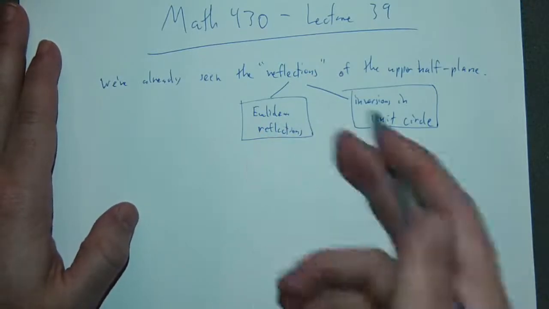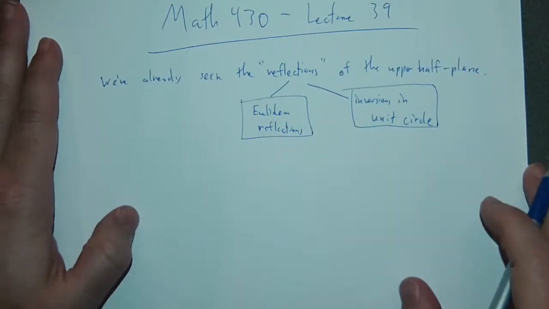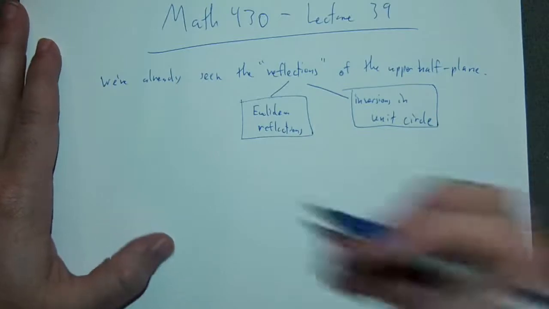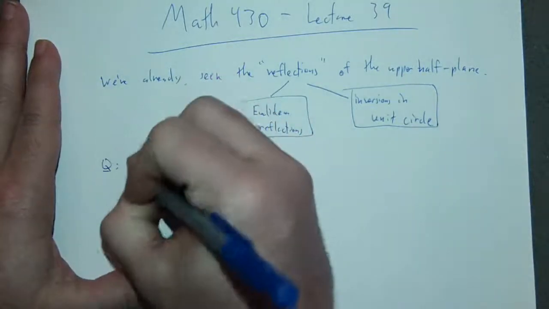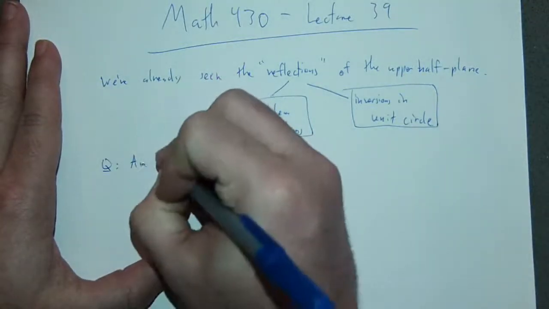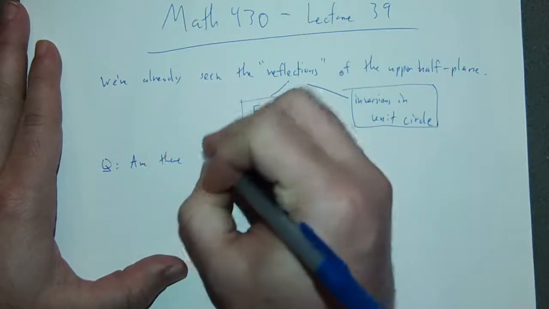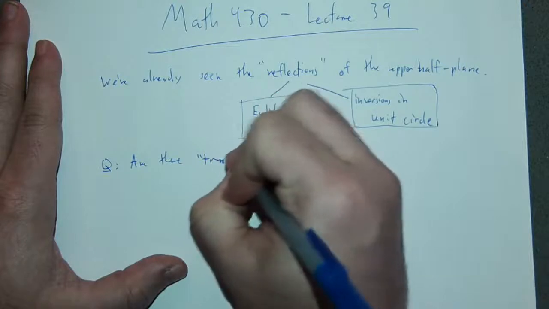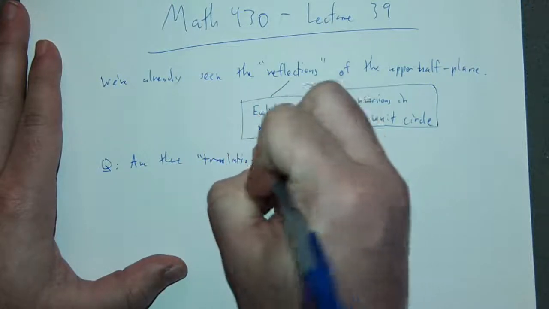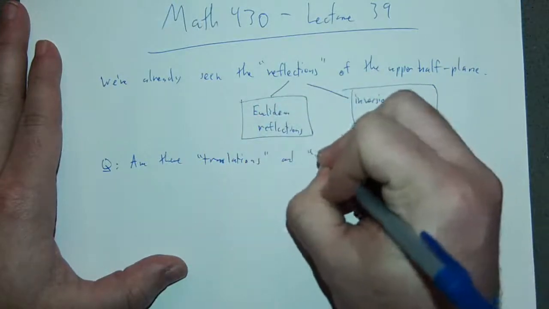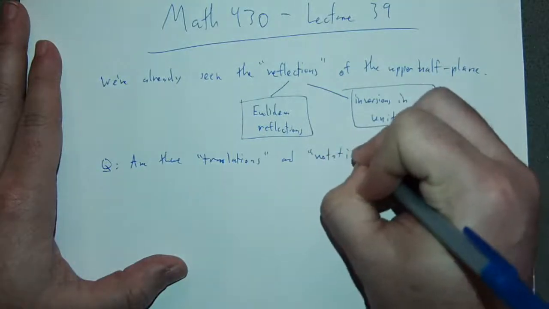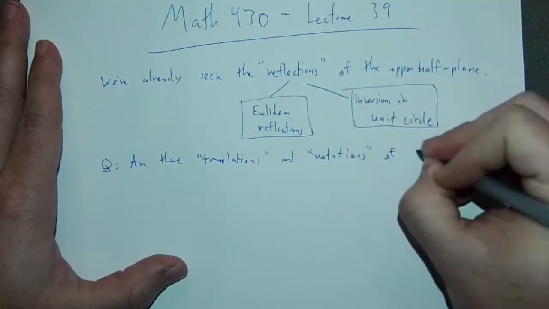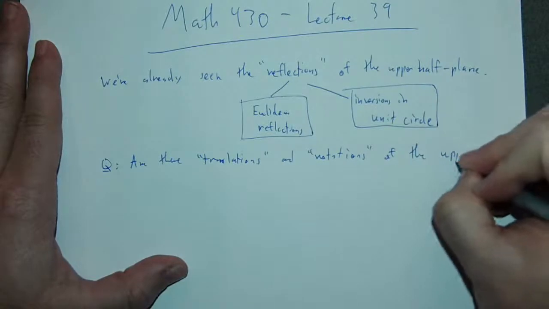All right, so that's what our reflections look like in the upper half plane. But the question is, are there translations and rotations of the upper half plane?